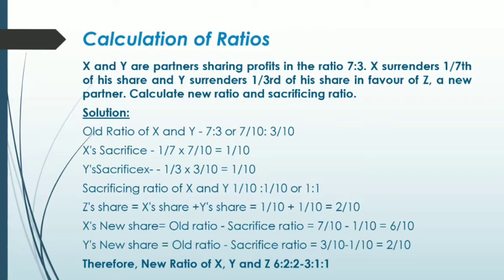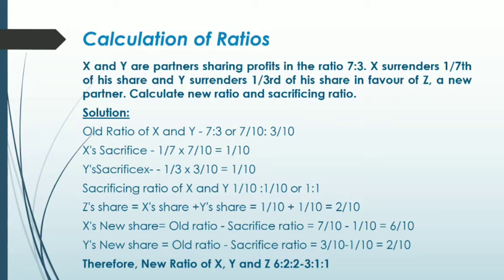So we first calculate X's sacrifice ratio, that is his surrender share into old ratio, that is 1 upon 7 into 7 upon 10. Here 7 will get cancelled and the sacrifice ratio of X is 1 upon 10.